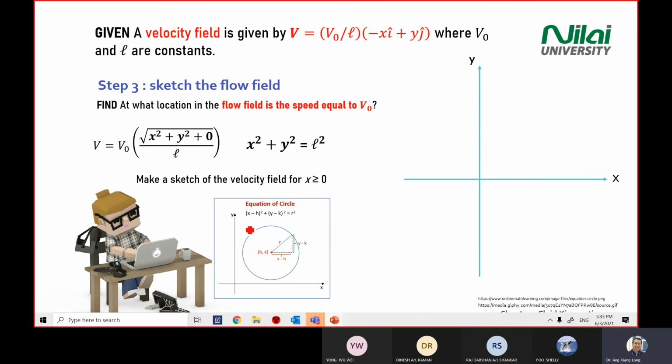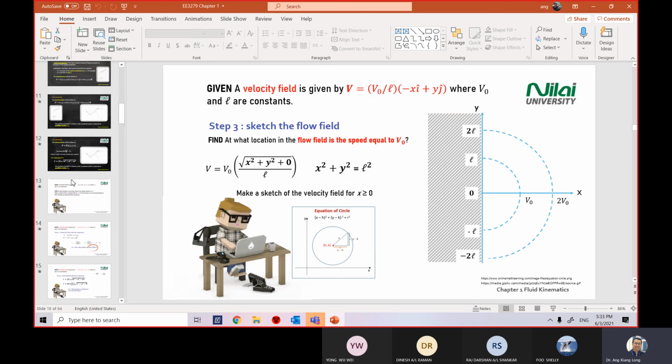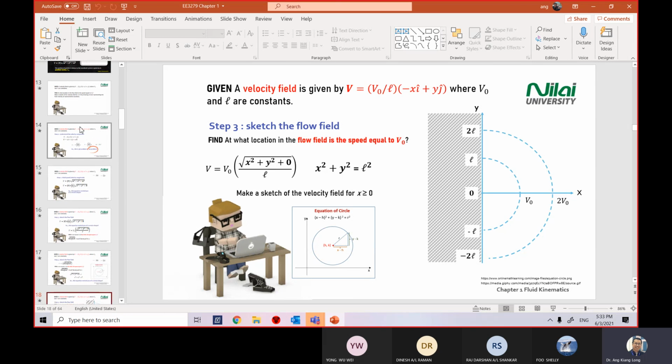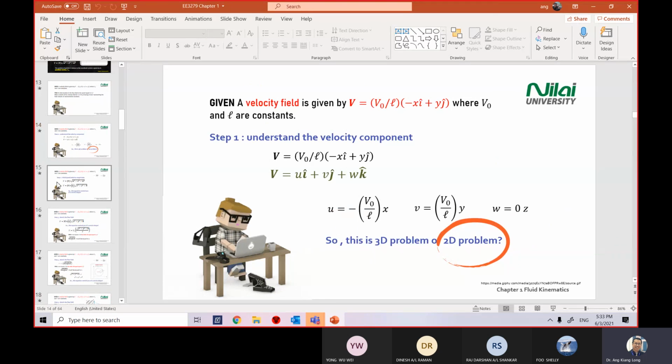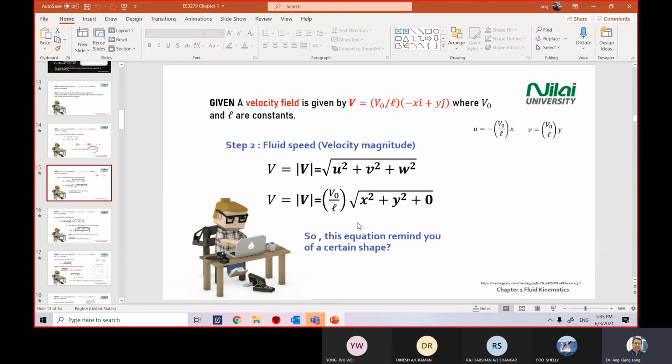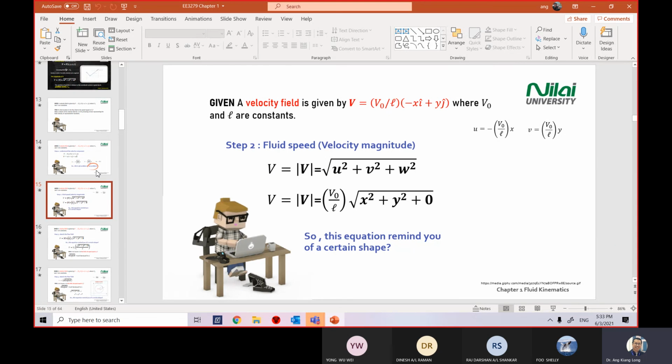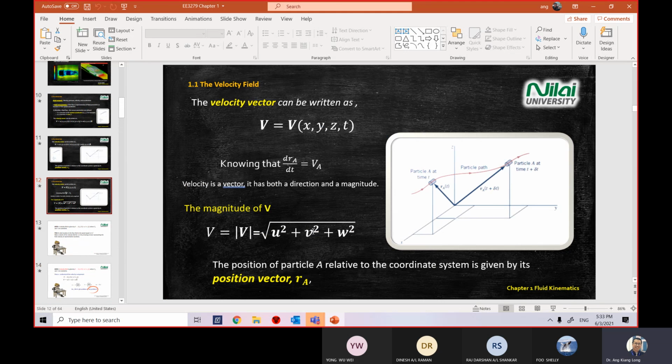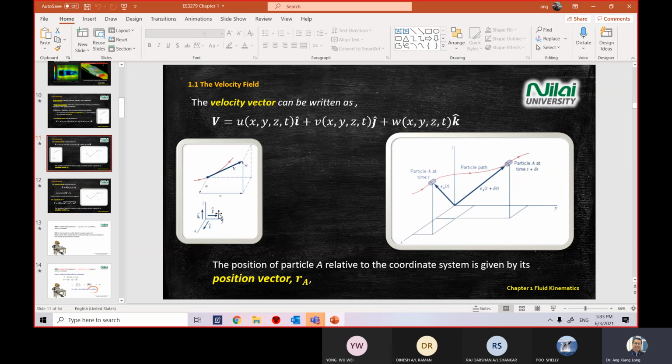Equation of circle is very popular in this module. So if you can, memorize it or put this equation somewhere. Vector form, how to find magnitude, and so on. You must be familiar with how to find the magnitude of the vector: u square, v square, w square. This one you learn in the vector.